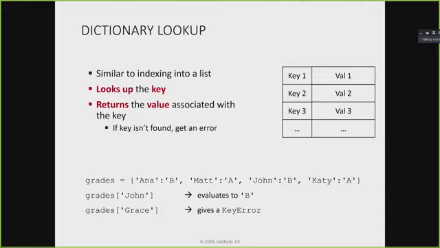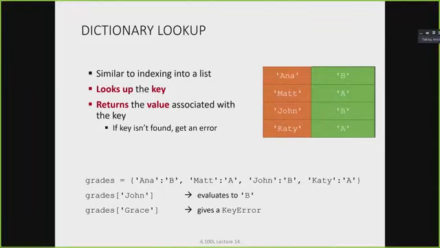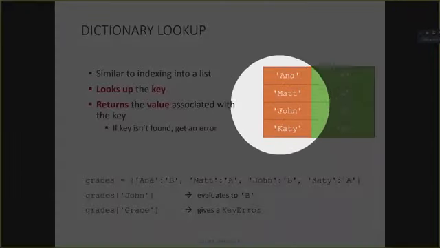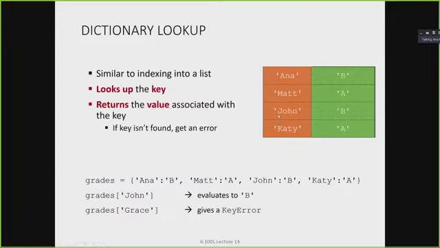Well, now I've got my custom indices, and my custom indices are these strings. The syntax will be exactly the same. I've got this custom index I'd like to look up, so I say dictionary name, square bracket, custom index.